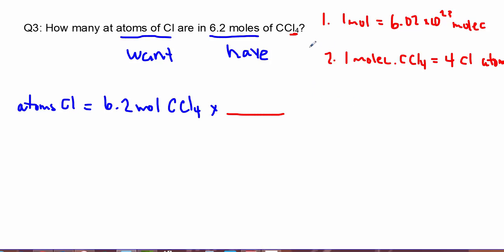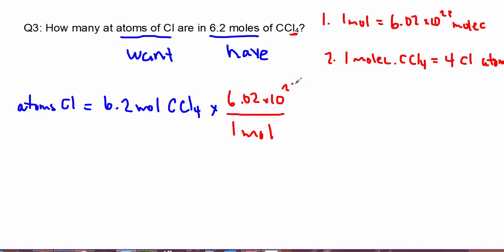Okay, so let's go ahead and apply that now and put these conversion factors into our calculation. So the first one is going to be converting from moles to molecules. I want to cancel out moles, so I'm going to put my 1 mole on the bottom, and the rest of my conversion factor goes on the top. Okay, and right away, let's cancel out moles.